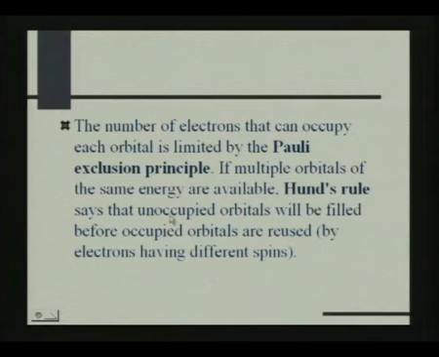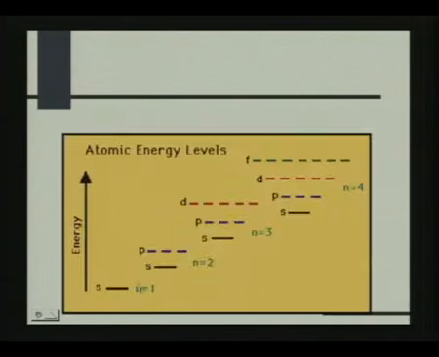If multiple orbitals of the same energy are available, Hund's rule says that unoccupied orbitals will be filled before occupied orbitals are reused. That is, if in the same level you have multiple electrons, suppose in n equal to 2, there are 3 p orbitals. Now, if there are 3 available electrons in this level, then first one electron will enter px, then py, then pz.